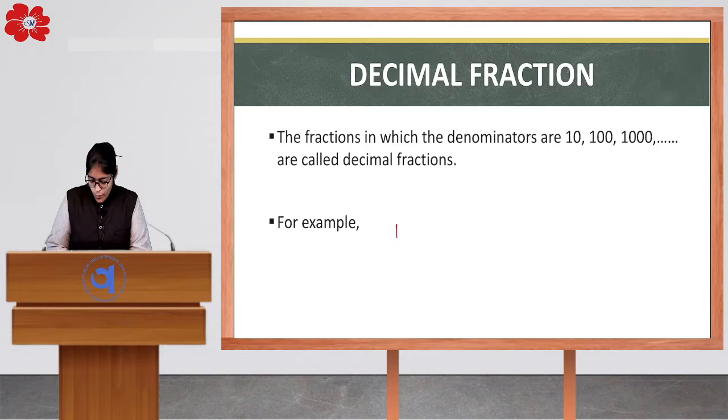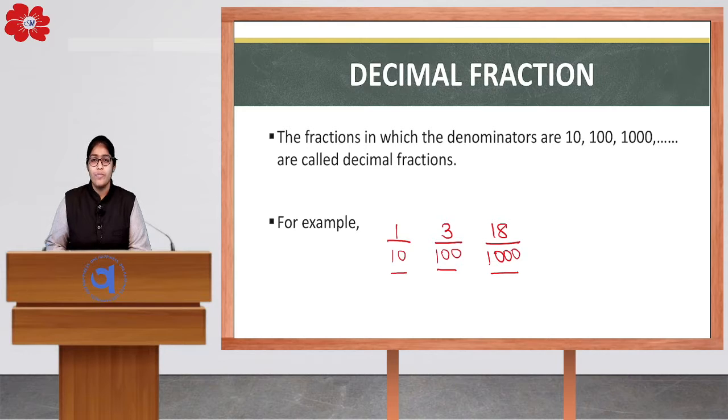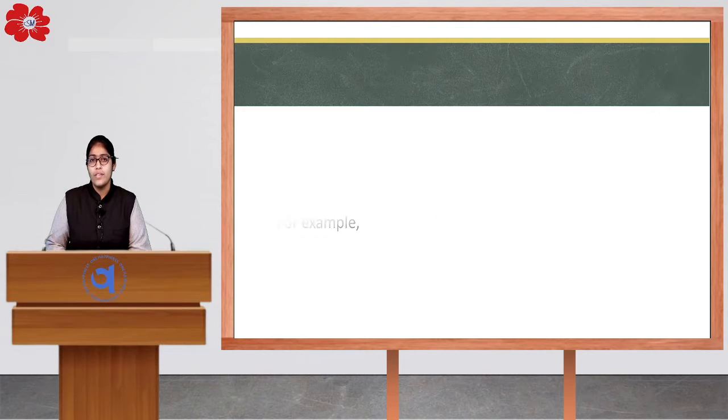Suppose I am writing 1 by 10, 3 by 100, similarly 18 by 1000. So you can see that the denominators are 10, 100, 1000. So such fractions are known as decimal fractions. Let us learn more about them.